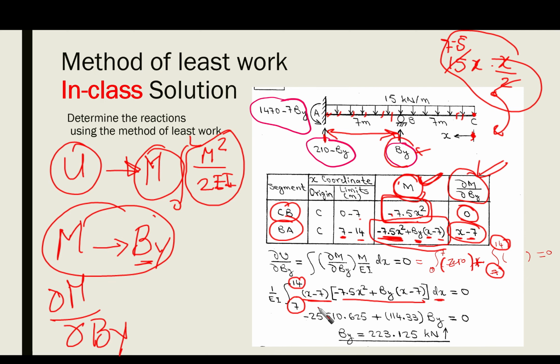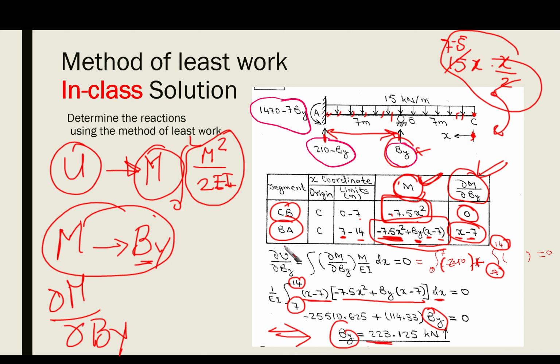This is a simple definite integration from 7 to 14. You can do it by yourself or by your calculator, and you are going to obtain By easily to be 223.125. I hope that you have obtained this value when you worked this example by yourself.